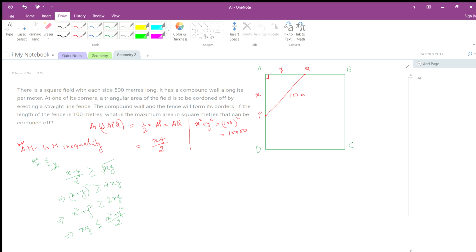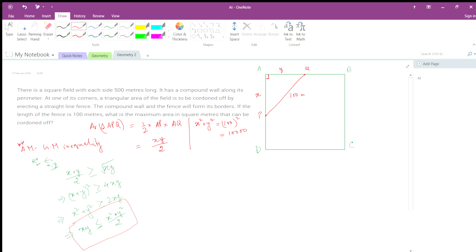Now what does this inequality tell us? This is a very important conclusion that we have derived here. It says that the value of xy, the product of x and y, will always be less than or equal to x square plus y square by 2.